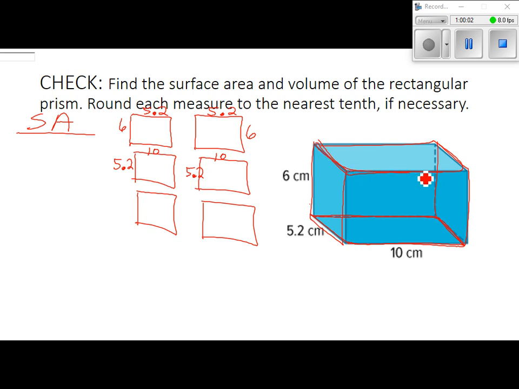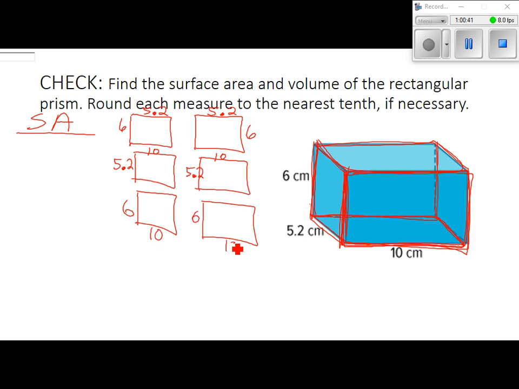For the faces I haven't done yet, the front face or the back face, sometimes you'll have to look at it and just figure out what each one is. The front face has one length of 10, and the other is the same as this, 6. So 6 and 10, 6 and 10.